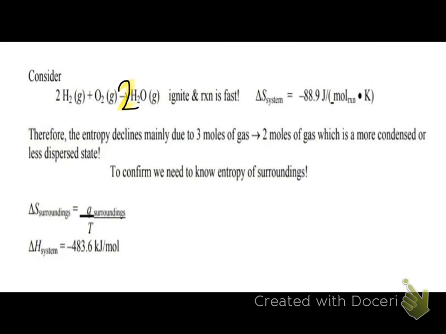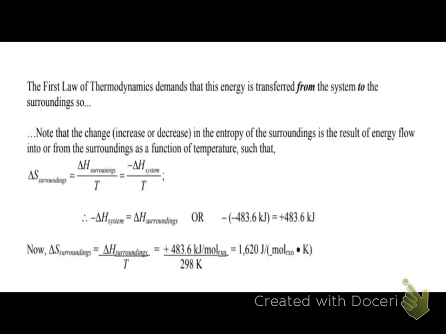However, if you look at the delta H value, it's very exothermic, which is going to increase your chances of being thermodynamically favored. So the first law of thermodynamics demands that this energy is transferred from the system to the surroundings.